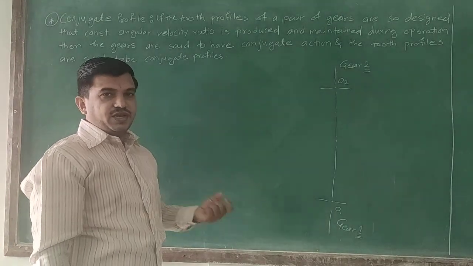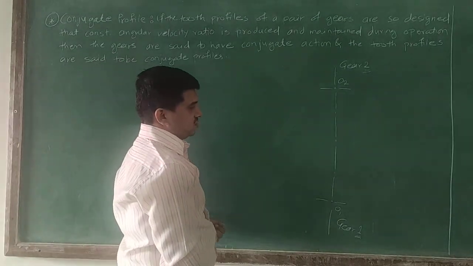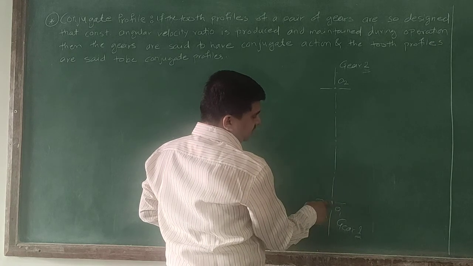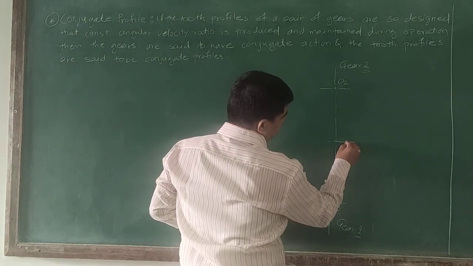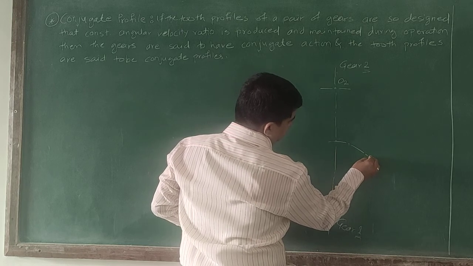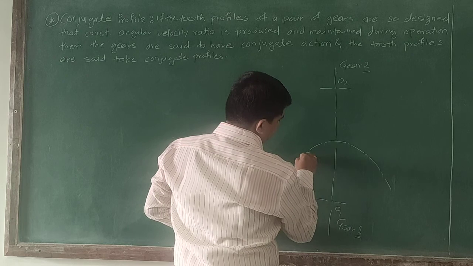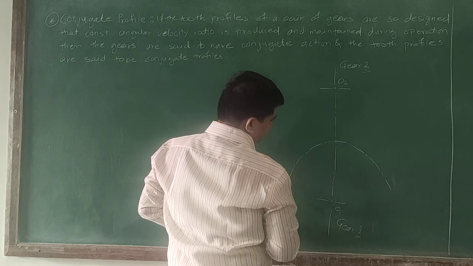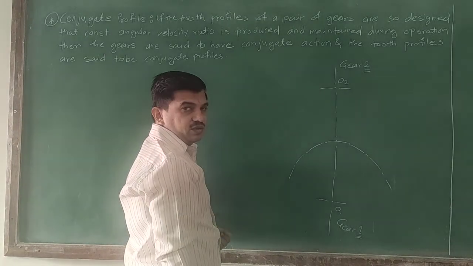Now the very basic thing we should have is the pitch circles of these gears. From this point O1 we will draw a pitch circle like this. A pitch circle is drawn for gear 1.